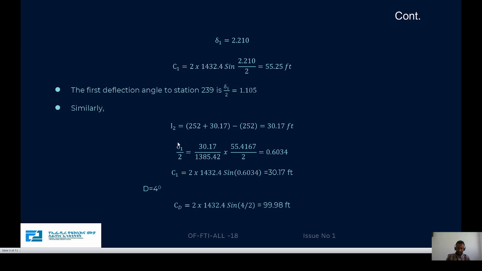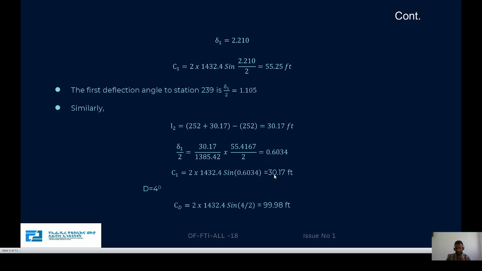The deflection over 2 is the length over 2 times the radius: 13.17 divided by 1385.42 times 55, already calculated. The deflection divided by 2 is 0.6034.